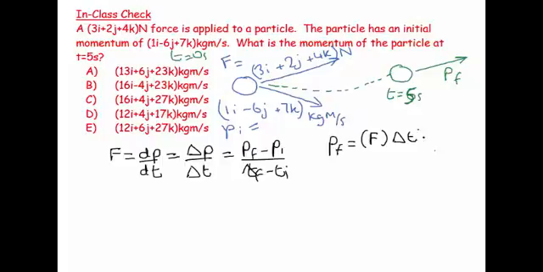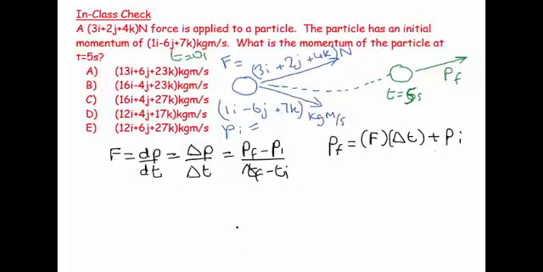It's dividing initially, so it multiplies when I move it to the other side. So I've taken that to the other side. I've got this that I want. I need to move this p initial, plus p initial.